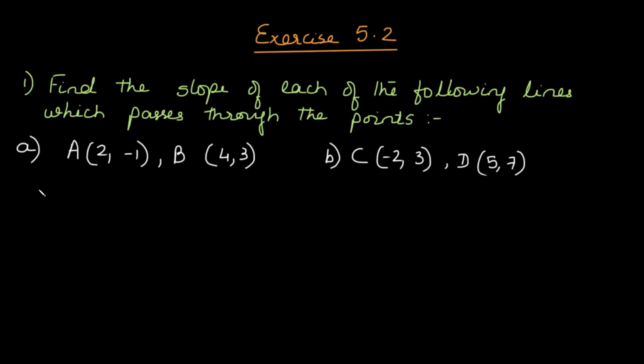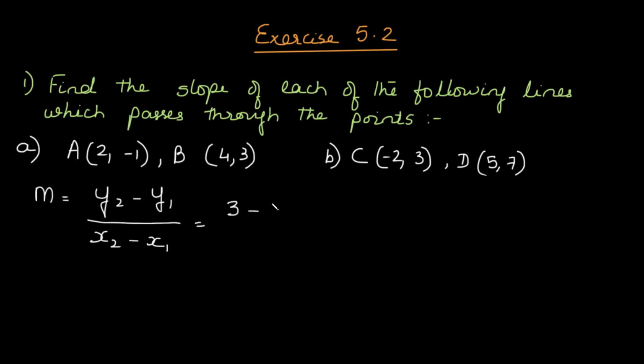So slope is given by this particular formula. Slope is m. m is equal to y2 minus y1 upon x2 minus x1. I hope your notebooks are open so that you can do the sums along with me. Using this particular formula, we can write this as y2 minus y1. Suppose we take 3 as y2.